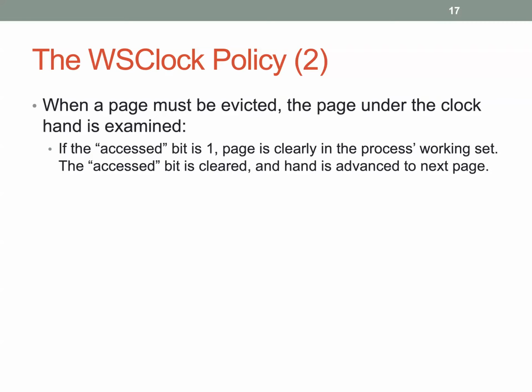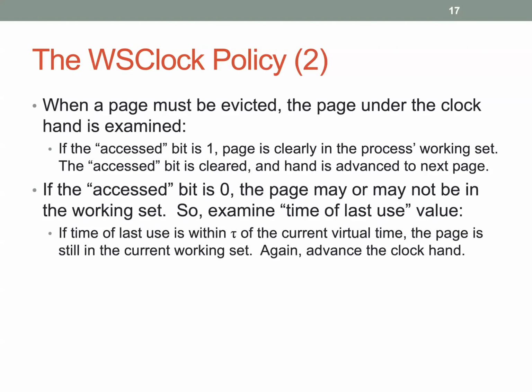Now that's the first part of this decision process. The next part of the decision process is, what if the access bit is 0? Well, we'd like to respect the working set of the program, so we look at the time of last use value. And if that time of last use value is within our window, within our tau of our current virtual time, then we ignore the page again.